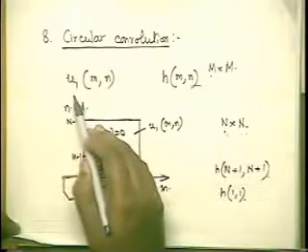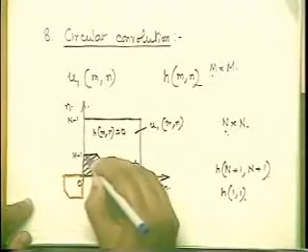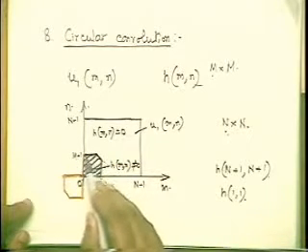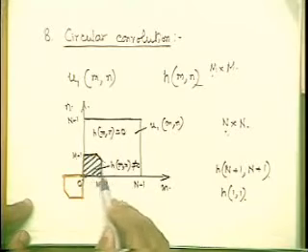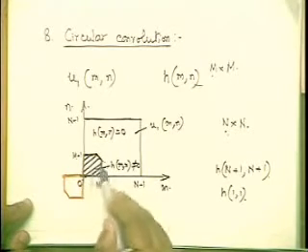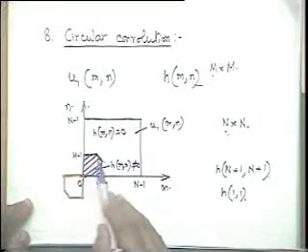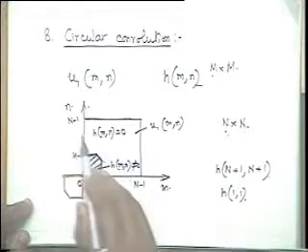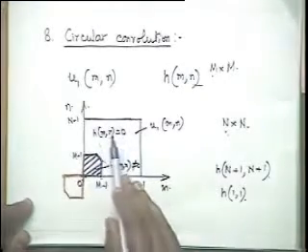The image function is taken as the function u1, with indices m, n. Even h is originally defined with the indices m, n. Supposing the function which was defined is like this, the original h function is whatever is contained within this shaded box. This shaded region indicates the h function, so that within this shaded region h of m, n is not equal to 0 and outside this region h of m, n is equal to 0.